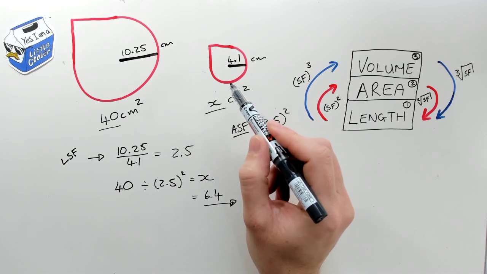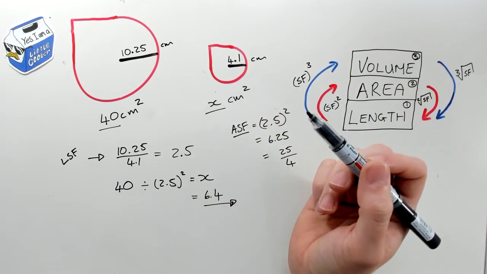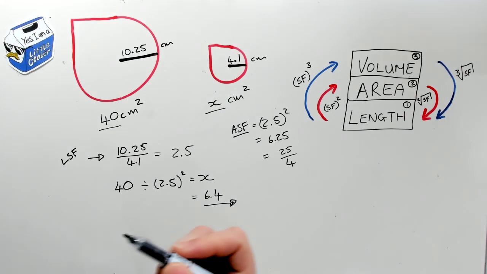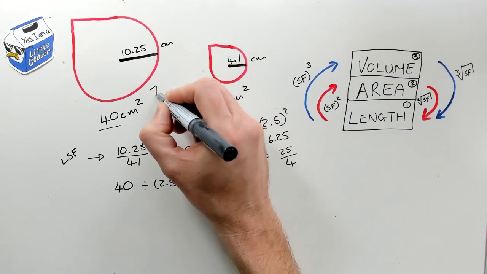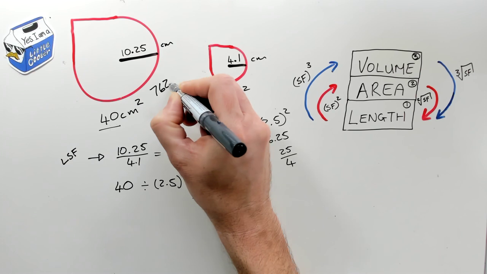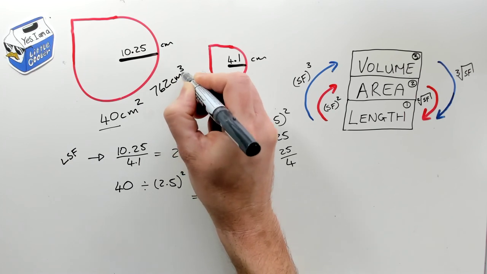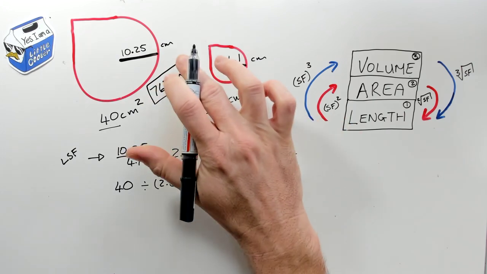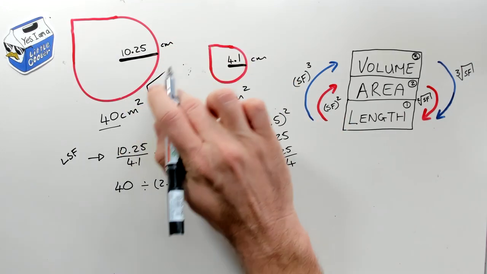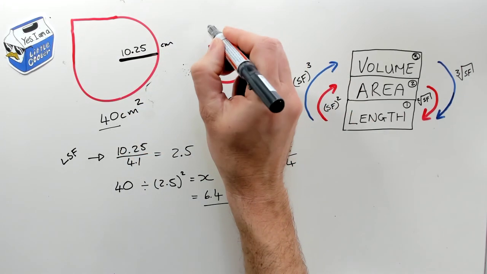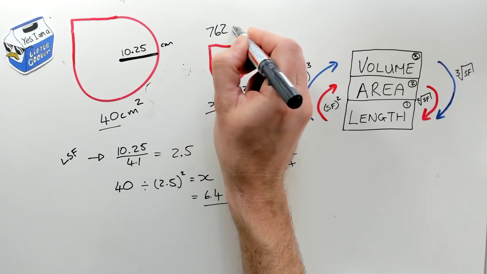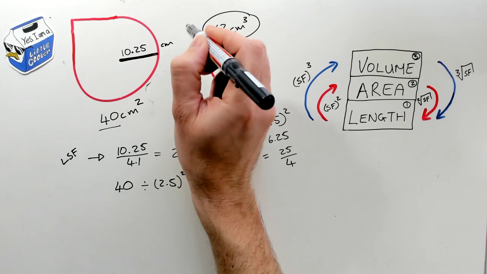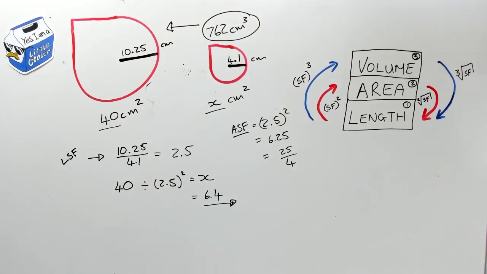And let's say we have a volume of, let's make it a weird number, 762 cubic, let's say that's for the small one. So the small shape has a 762 cubic centimeter volume, and we have to find the bigger one.